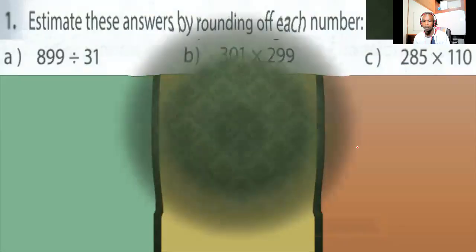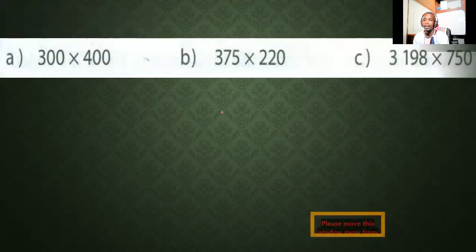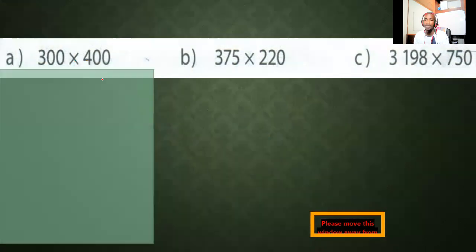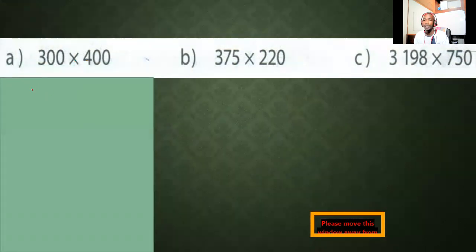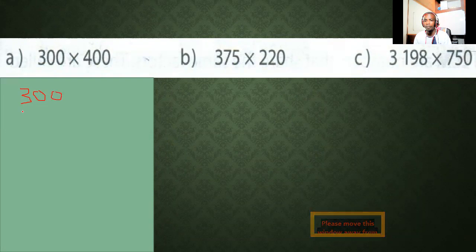The next question says calculate. What are we going to calculate? These given problems. 300 times 400. Now this one is very cheap. 300 times 400.